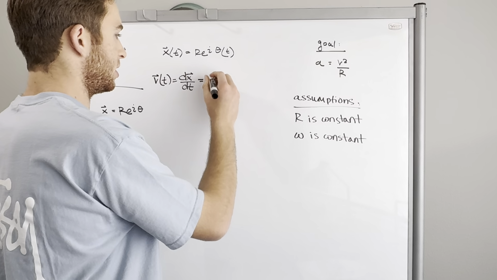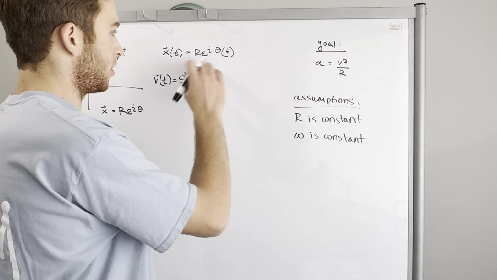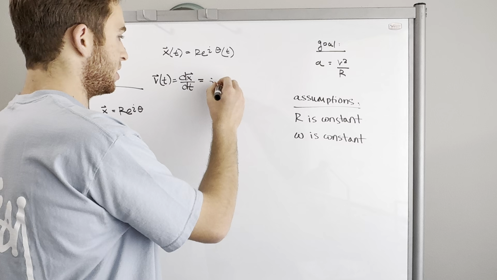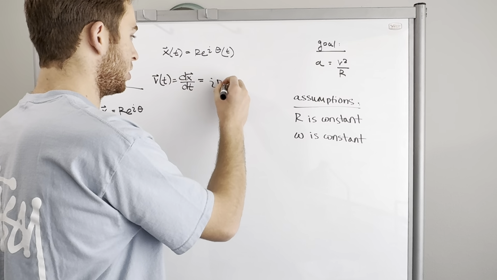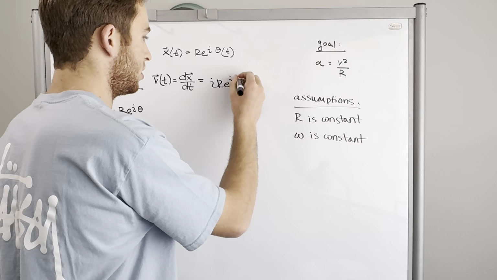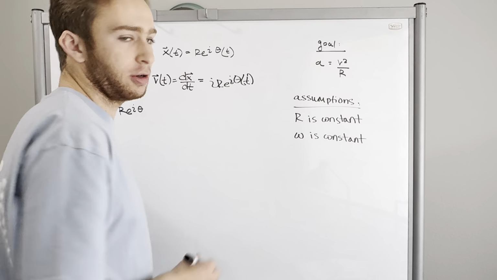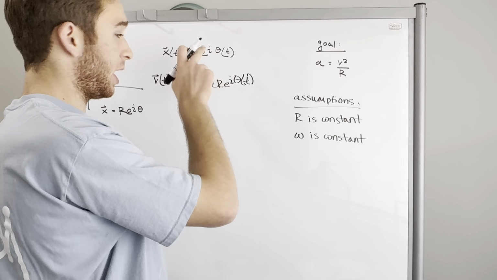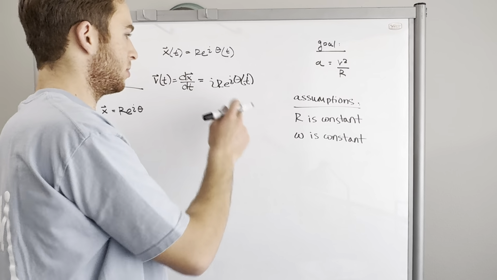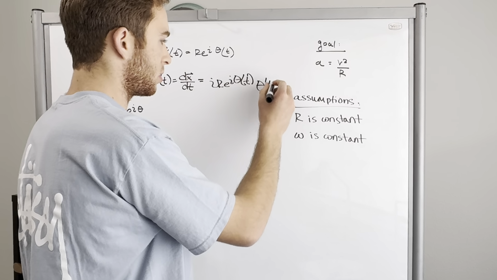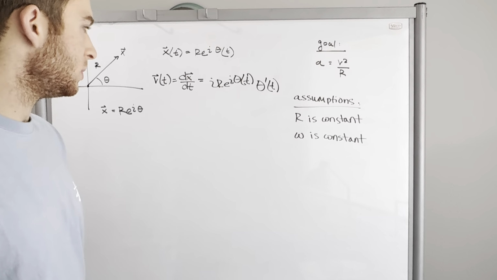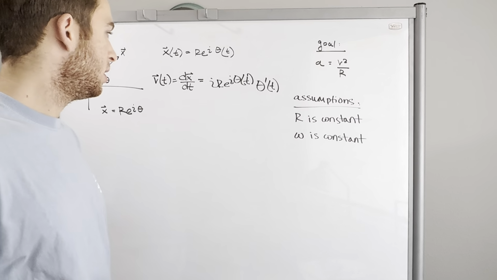We take the derivative first, we say i, because that's in the exponential. So i r e to the i theta of t. And then we use the chain rule. We multiply by the derivative of the inside, which is going to be theta prime of t. And so that's our velocity.